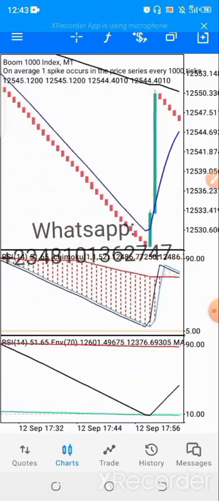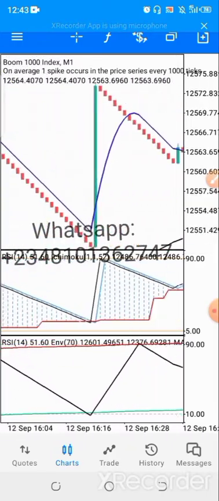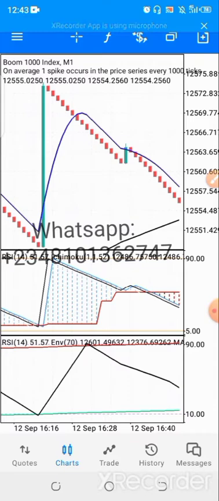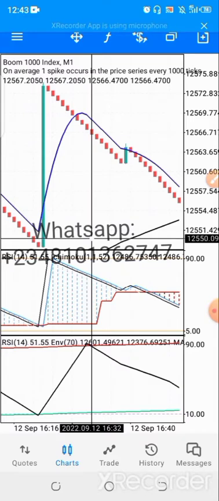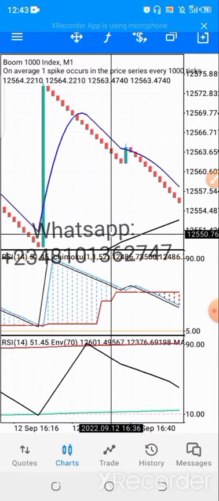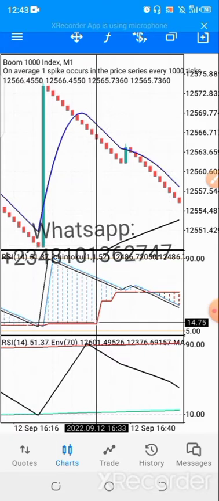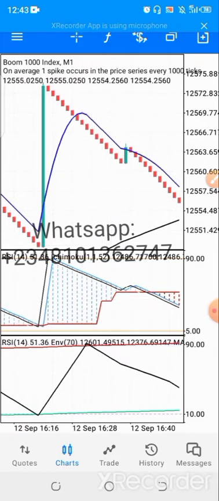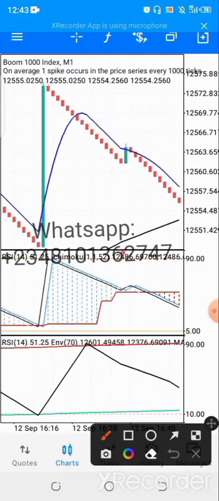Anytime you have something like this, now you can see the red. Now if you look at my indicator window 1, you can see clearly that this red that you have here jumped up massively.